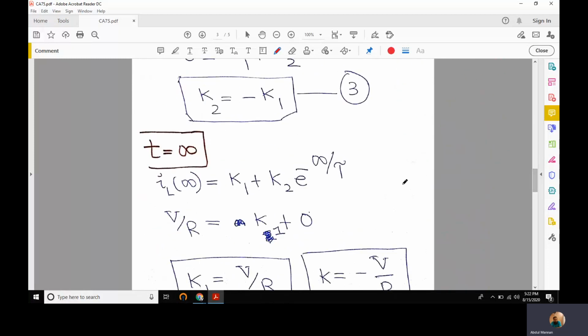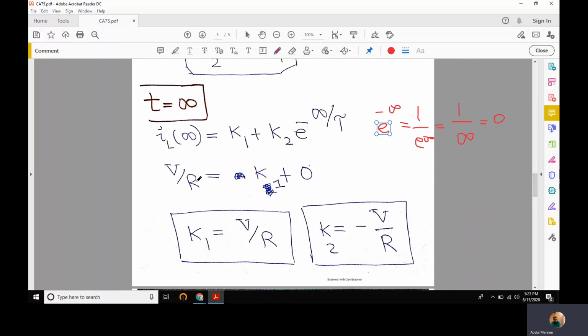We know that e to the minus infinity is 0. Why? Because e to the minus infinity is 1 over e to the infinity, and anything raised to the power infinity, provided the value is greater than 1, is infinity, and 1 over infinity is 0. So k1 is V over R. If k1 is V over R, k2 is minus k1, which is minus V over R.